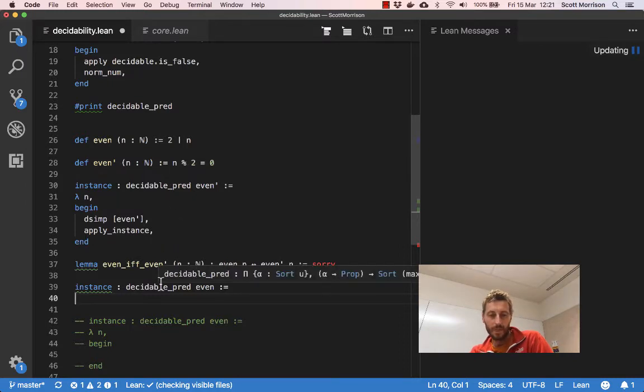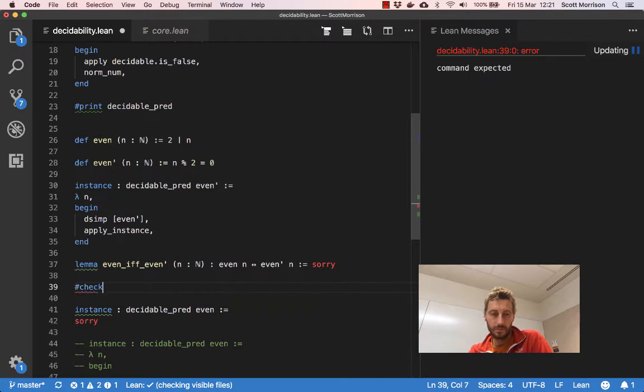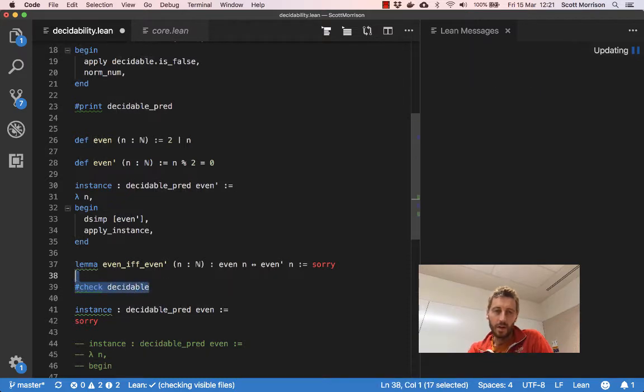Well, maybe we can make a guess about where this might come from, because we want to see if we can guess it just by typing. Using the lemma and then apply instance does it.